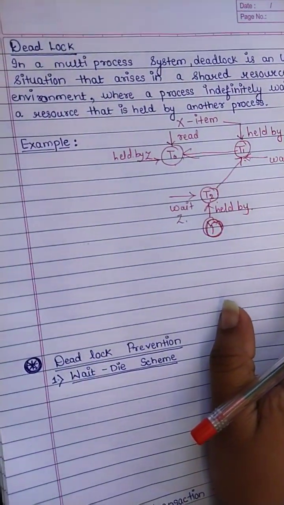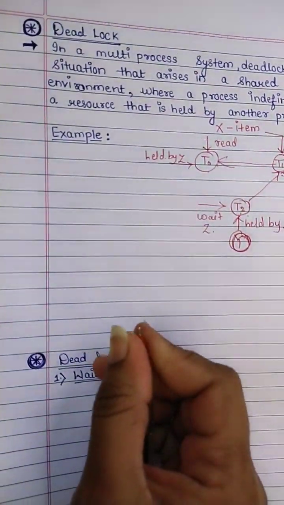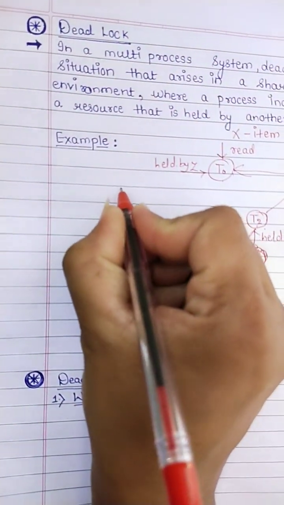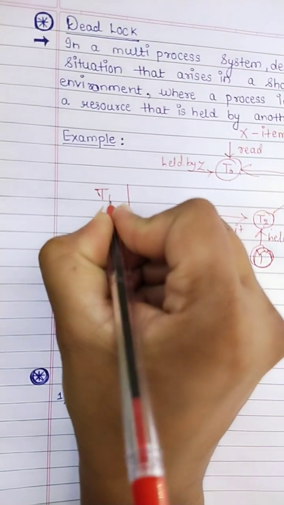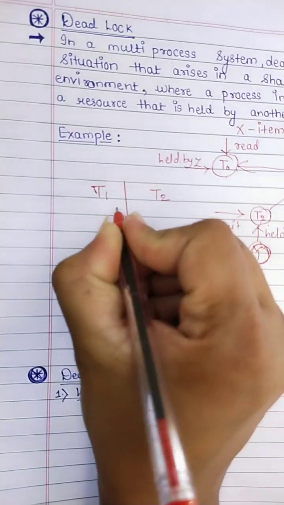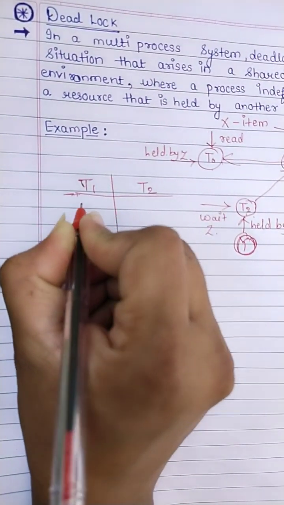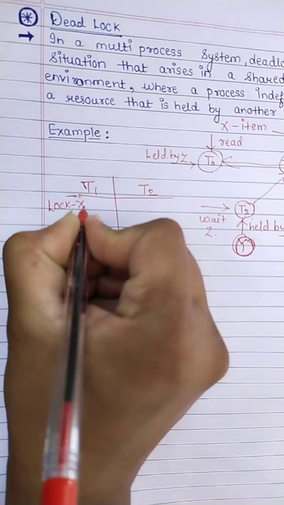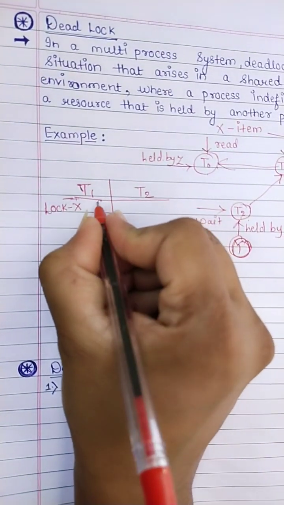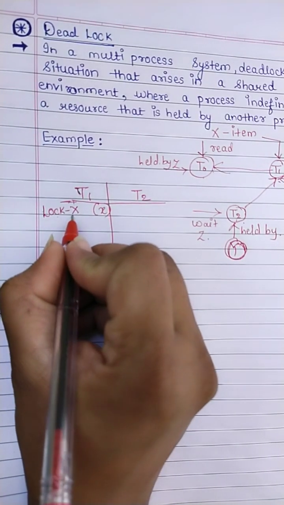Let's see one schedule, and how this deadlock situation occurs in a schedule. Suppose we have one schedule in which we have two transactions, T1 and T2. Now what does T1 do? It will lock-X on data item X. What do you mean by lock-X?